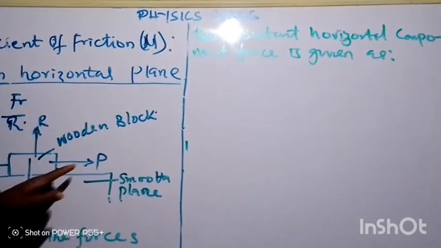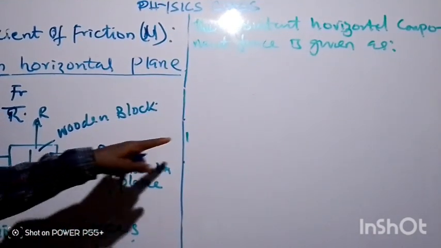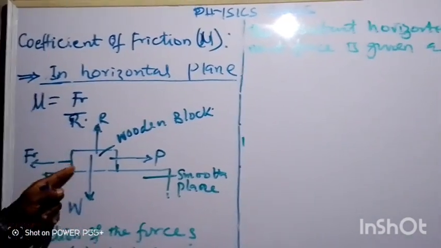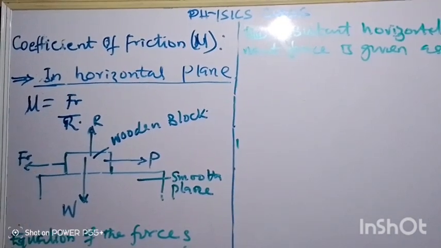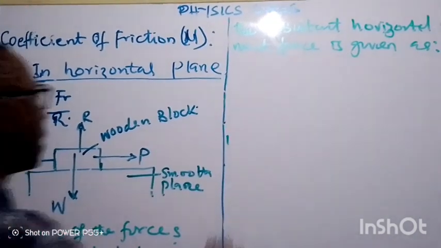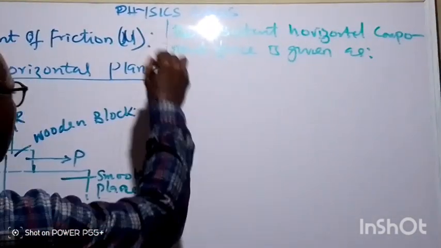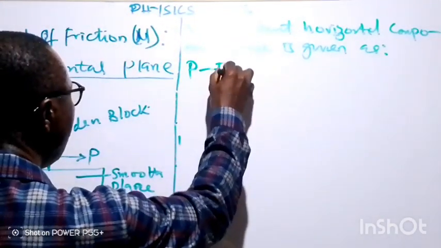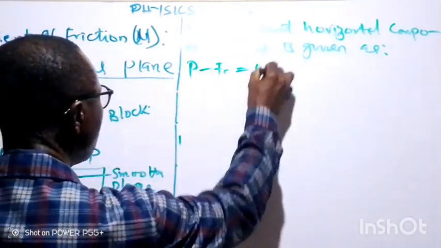The applied force is in this direction, the opposition force, which is the frictional force, is equal in the other direction. So we are going to have P minus Fr is equal to 0.